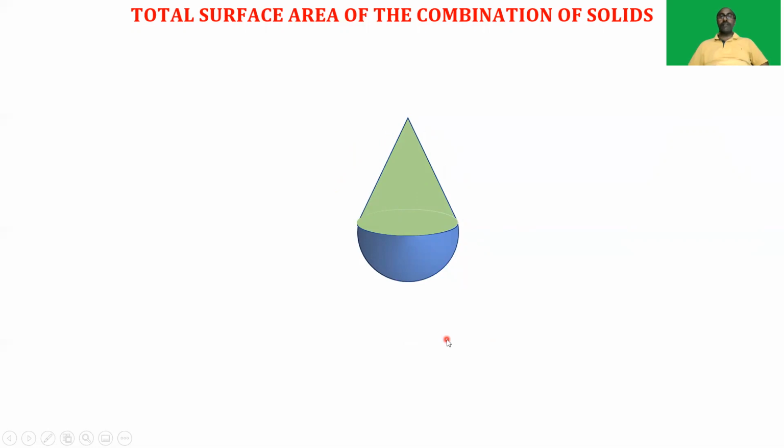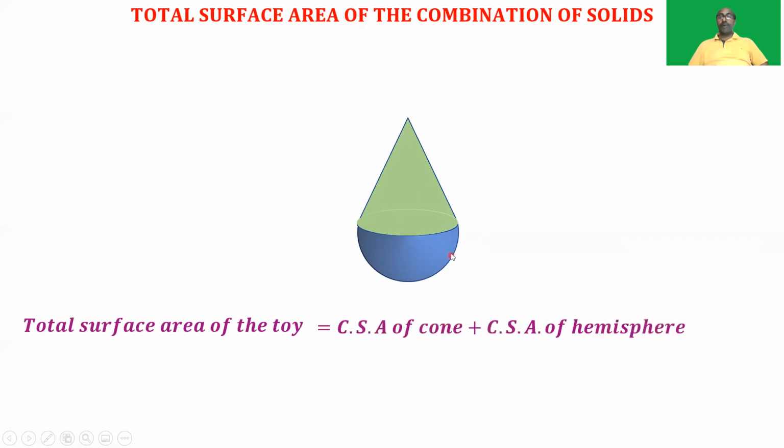So the total surface area of this toy is curved surface area of cone plus curved surface area of hemisphere. Here CSA stands for curved surface area.